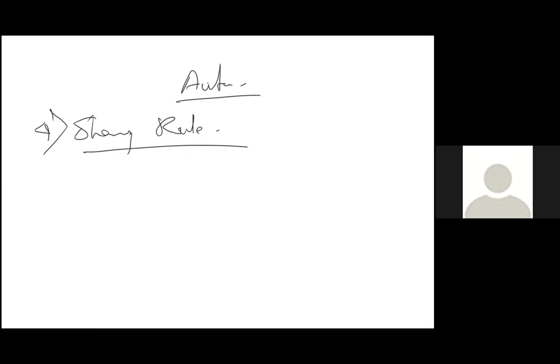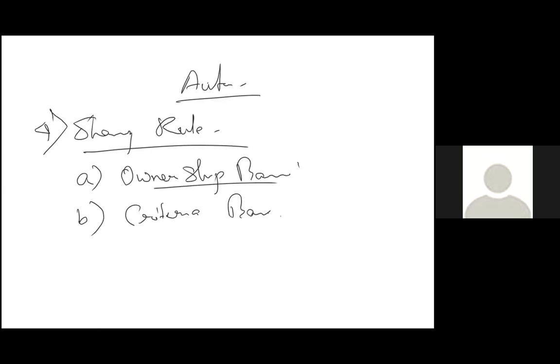The fourth way of sharing, again automatic sharing, is sharing rule. What is sharing rule? Sharing rule can be of two types. One, ownership based. Two, criteria based. What is ownership based?